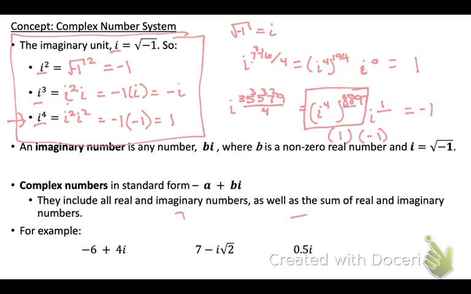Okay, an imaginary number is bi, it has a coefficient. A complex number is a real number and an imaginary number. The real number always comes first.